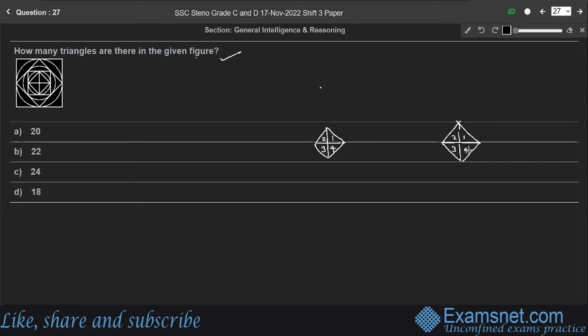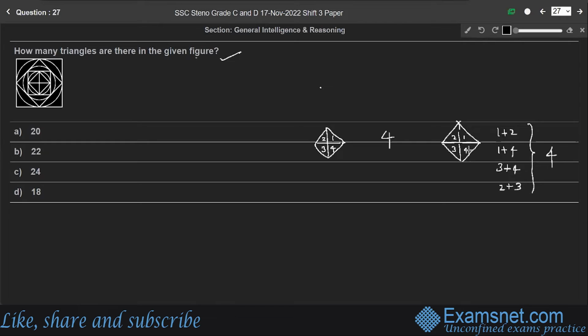By adding these, we can form 4 more triangles plus the individual 4 triangles.